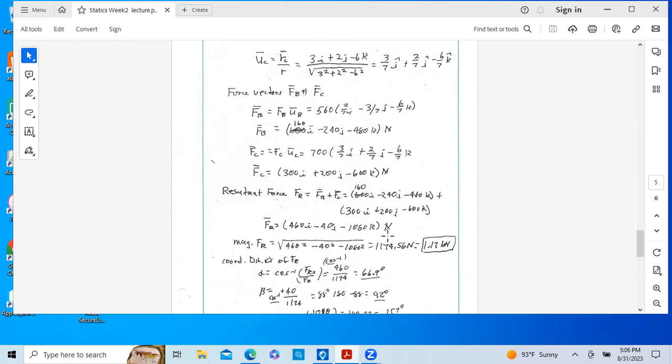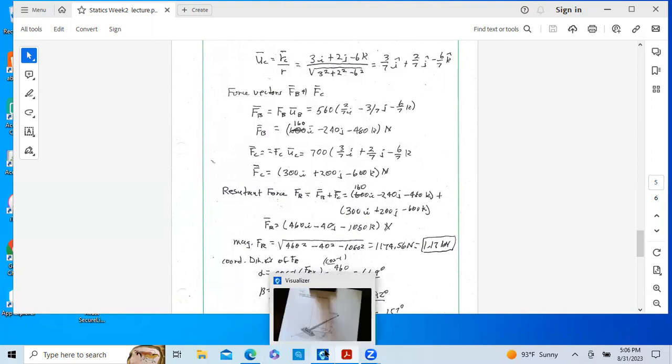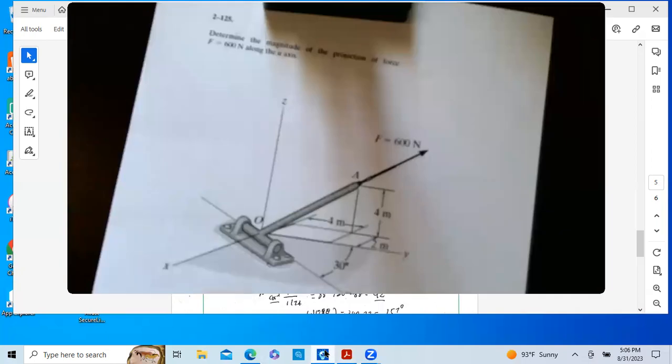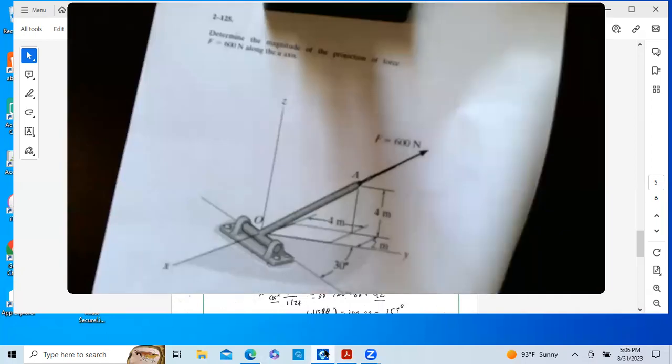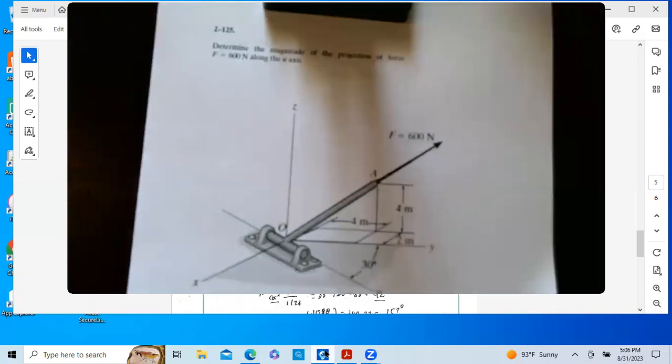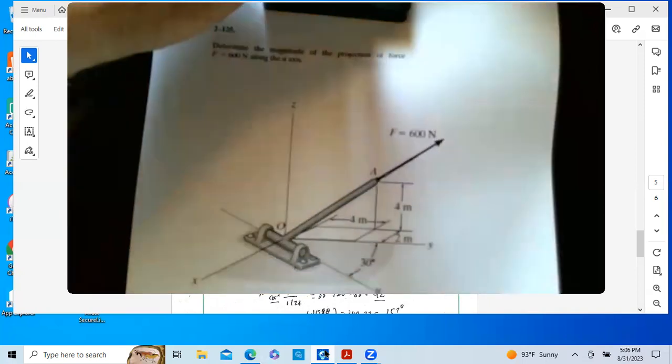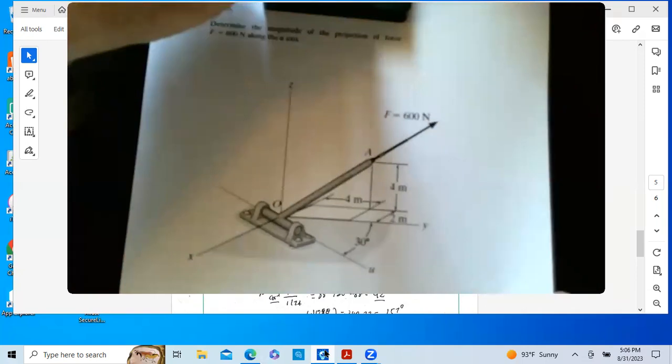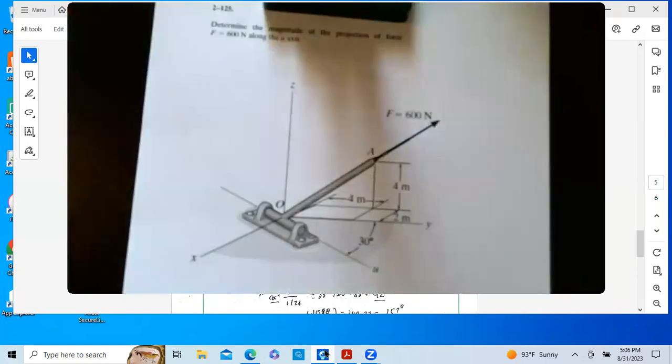The second problem I want to do is a projection problem, problem 125 in your textbook.